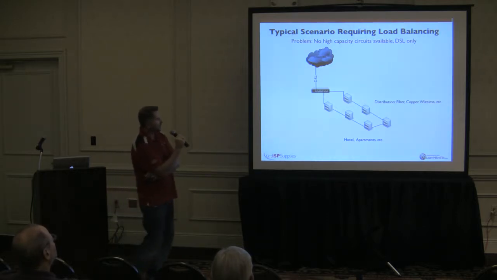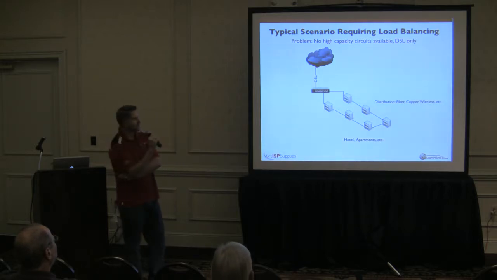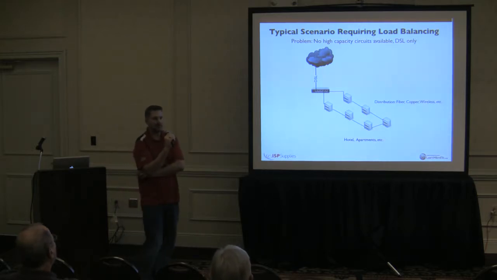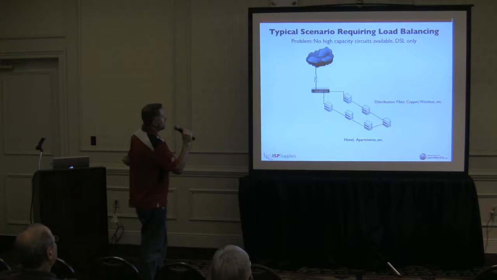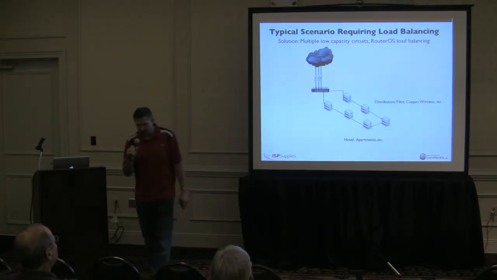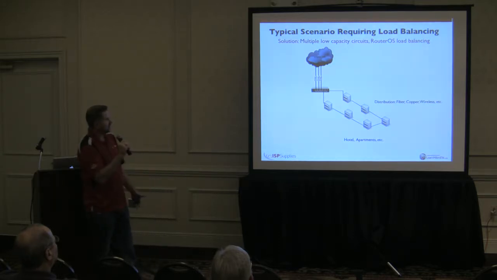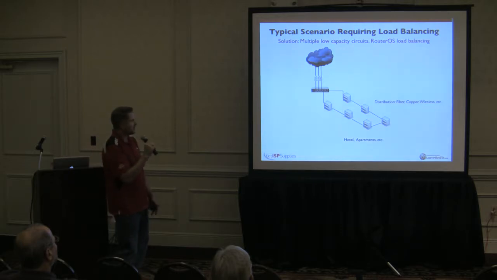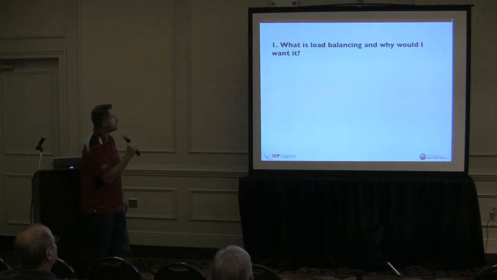So in this particular scenario, typically our only choices are maybe some DSL circuits, possibly a wireless connection, or even a cable modem. So in this particular scenario, one of the things that we can do is load balancing. That is, use multiple lower capacity circuits and divide our load amongst those different circuits so that we can aggregate that resource and be able to deliver decent access to the property.